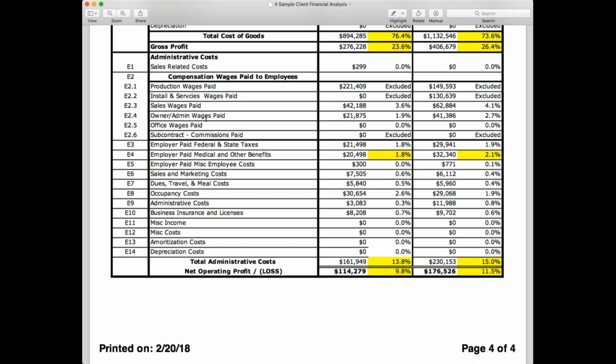So take everybody's expenses, and they will be normalized into one of these 14 categories. Is it perfect? No, but it gives me the ability to do a better job of comparing one business to other businesses. So the total administrative costs went up just a tiny bit, 1.2%, but more importantly, their net profit came up a little over 1.5 points.